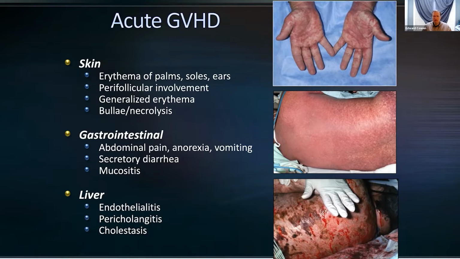And this is obviously very uncomfortable, but also a very severe manifestation and a poor prognostic factor because it's very difficult to maintain fluid homeostasis, to prevent infection, and to control this form of skin GvHD.